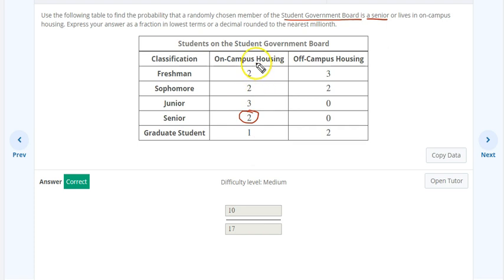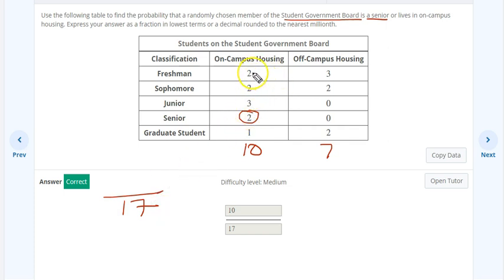So let's get some totals here. 2, 4, 7, 9, 10, and 7 there. So our sample space is 17.